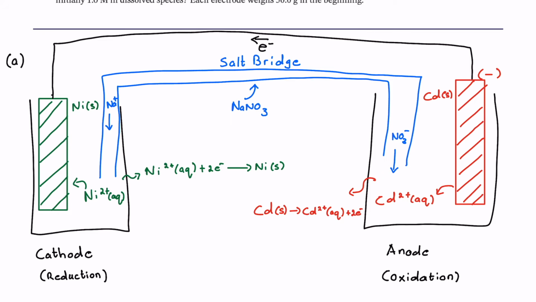So the electrons are being generated here because of the oxidation reaction. That makes it negative. And the cathode has a positive polarity, because the electrons are being consumed at this electrode, right? As you can see, because of the reduction reaction, the electrons are consumed. So positive polarity, electrons are consumed.